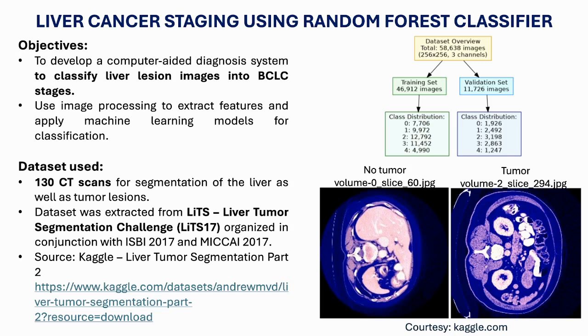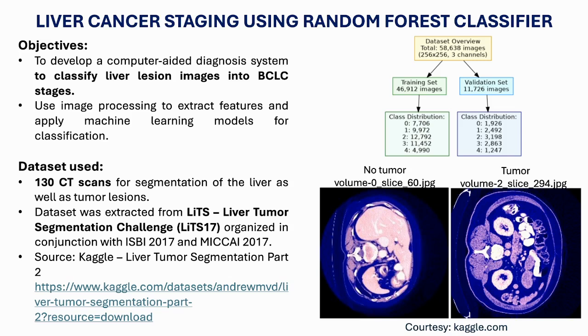And also to apply machine learning algorithms, particularly the random forest classifier, to predict the stage of the liver cancer. So this work focuses not only on achieving high classification accuracy, but also on making the feature extraction process interpretable so that the model's decision making can be easily understood.